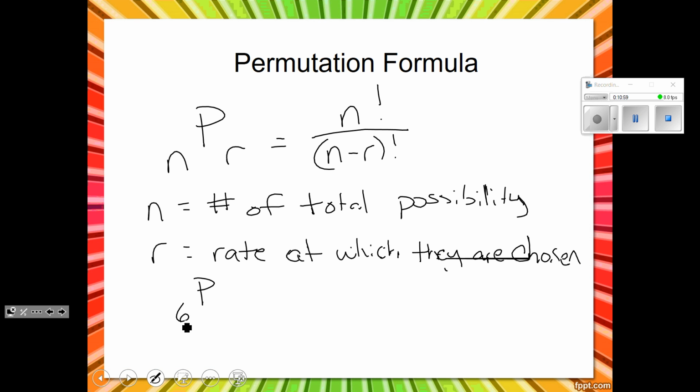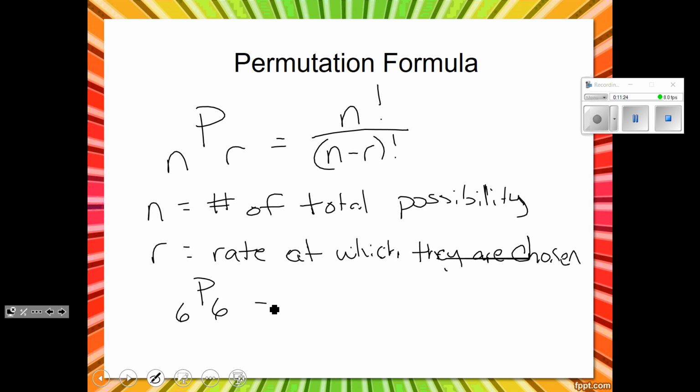And the rate at which you're choosing them, like if I have 6 people and I'm choosing 2 of the 6, then my rate is 2 because I'm choosing 2. But my question is when I'm rearranging all 6, what's my rate? I'm choosing all 6, right? I'm rearranging all 6. So it's going to be a permutation where I'm working with 6 people and I'm rearranging all 6 people in a specific position.